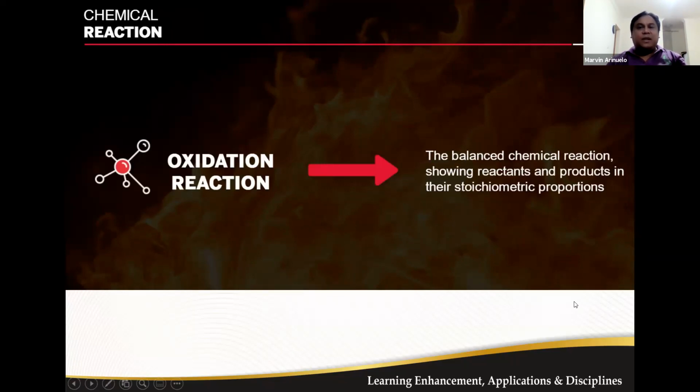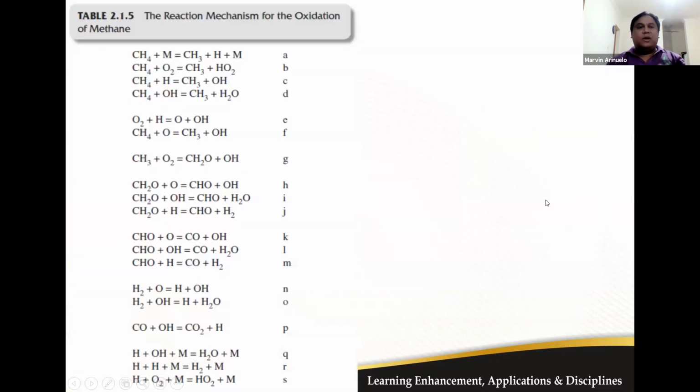We have a table in your fire protection handbook, in chapter 2, table 2.1.5, the reaction mechanism for the oxidation of methane. Those are the principal elementary reactions that you can find again in table 2.1.5.